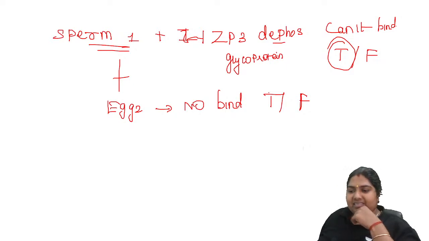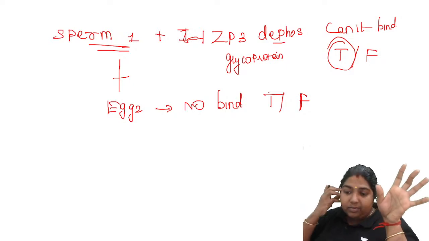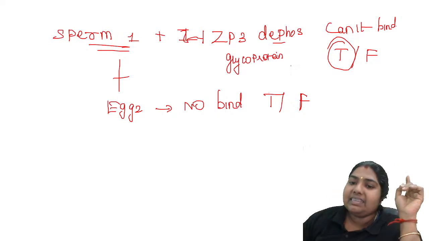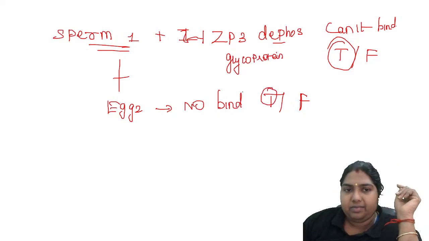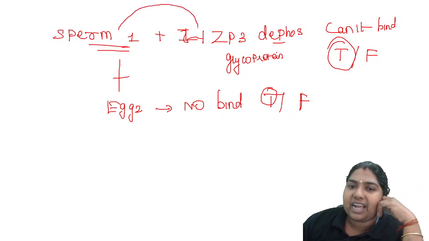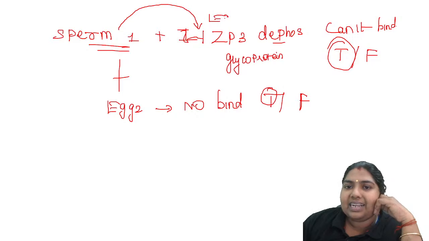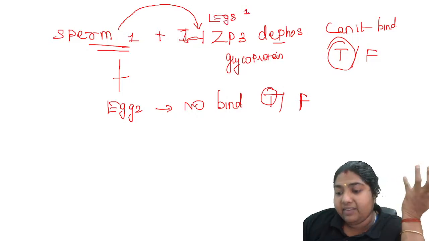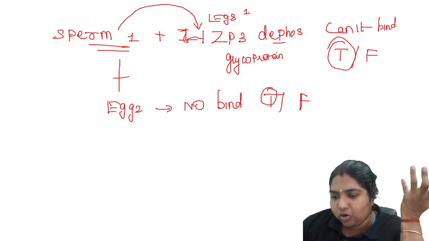Is this statement true or false? This is a true statement. Why? Because the sperm 1 is already bound to this egg 1, no? So none will be available for egg 2.